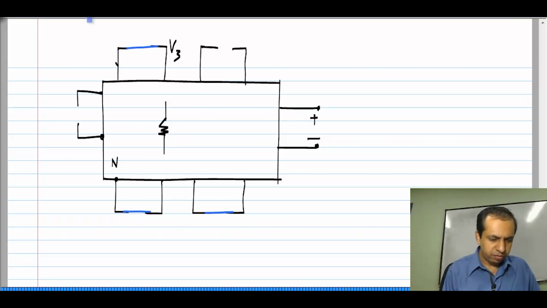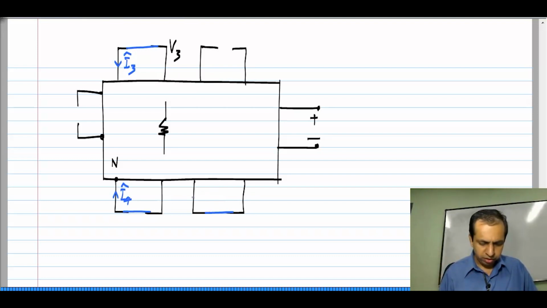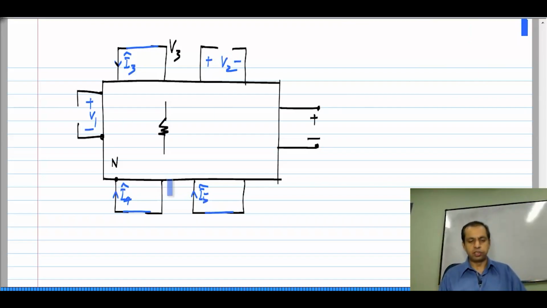Let me define this is I3 hat, I4 hat, I5 hat and this is V1 and this is V2. Okay. These directions are consistent with the two port convention that I have already used and the current sources and voltage sources that were in place.